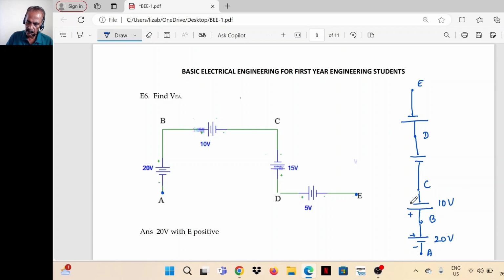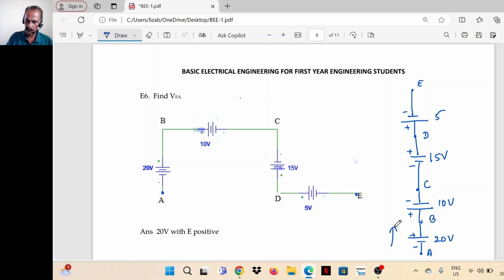Positive is connected to B, negative is connected to C. Between C and D, 15 volt, positive is connected to D, negative is connected to C. Between D and E, positive is connected to D, negative to E. So this is 20 volt. So between C and D is 15 volt. Between D and E is 5 volt.